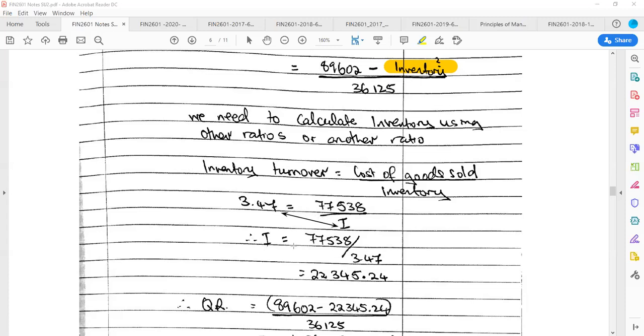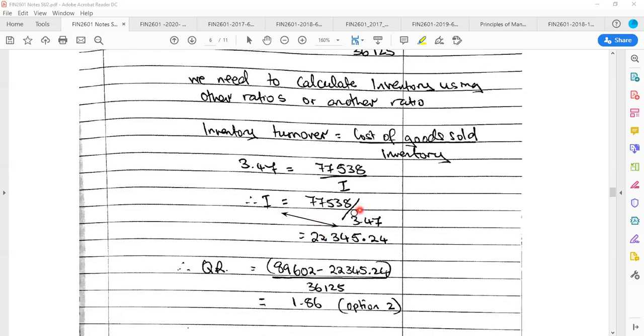So it means our inventory will simply be 77,538 over 3.47. These two will just swap positions, because the unknown is at the bottom.